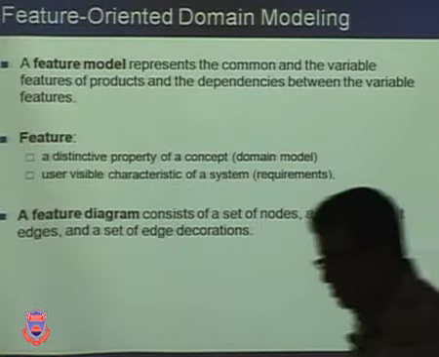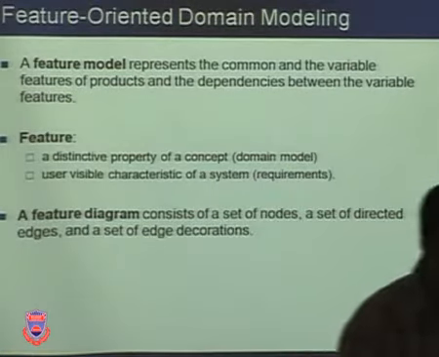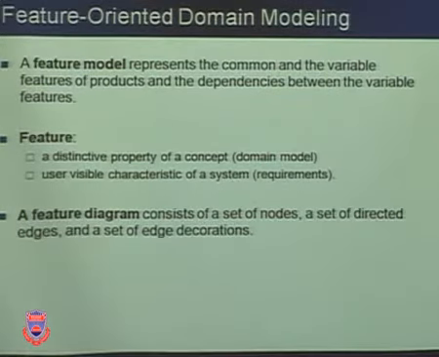The last one, but definitely not the least, is feature-oriented domain modeling. A feature model. In the feature model, you can represent both the common and the variable properties or features of the products, and also the dependencies between these features.